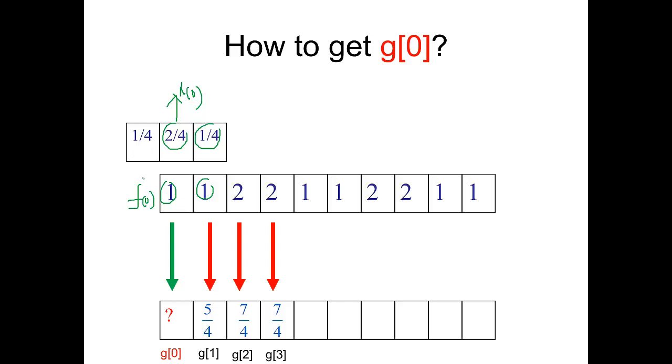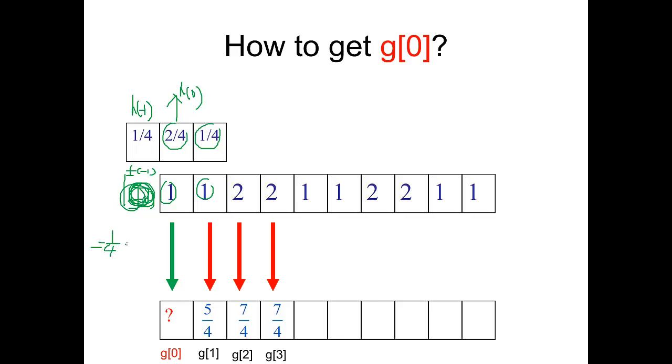The question is about H negative 1, because we don't have a value here. We don't have a value F negative 1. As we talked just now, F negative 1 we assume is 0.